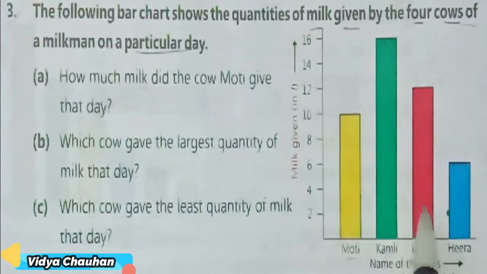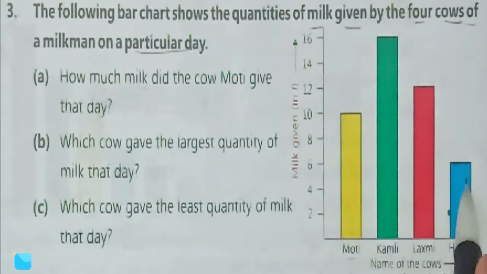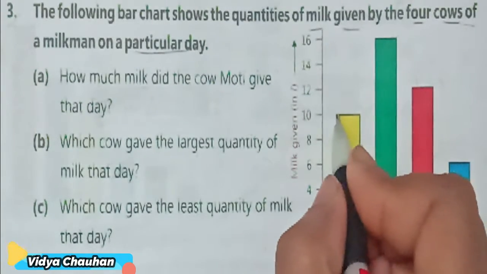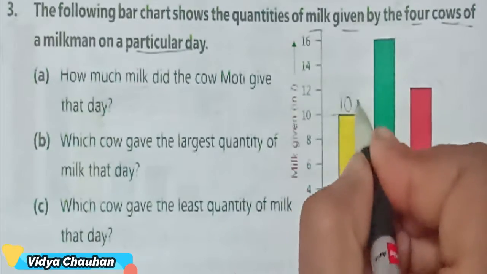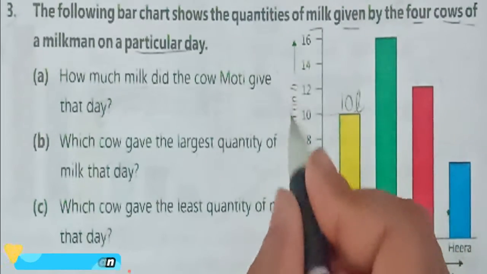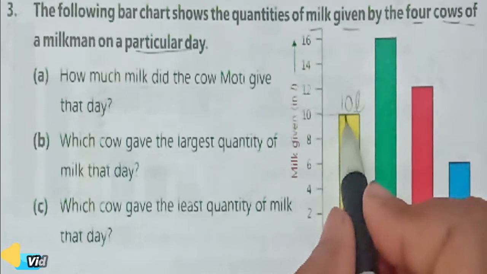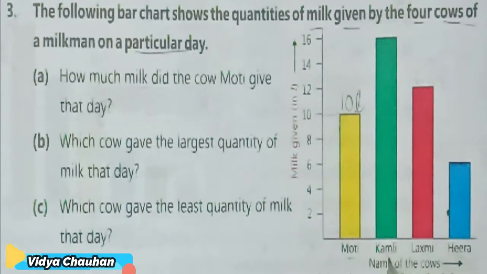So these are the 4 cows, and the amount of milk given by these cows on a particular day is given to us. Let us find out how much milk they have given. If I talk about the first cow, Moti, and I join this with the vertical line, what is the information? 10 liters, because it is milk given in liters. So Moti has given 10 liters of milk on that day. Coming to the second one, Kamli.